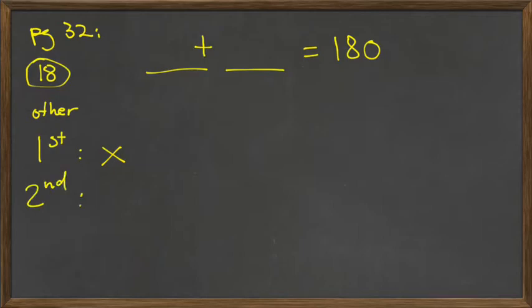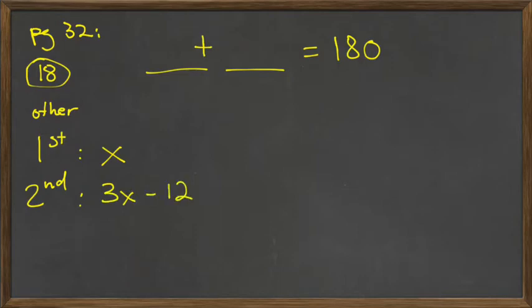If we call one x, then the second angle is based on our problem: 12 less than 3 times the other. How do we write that as an algebraic expression? 3 times the other has to come first, 3x minus 12.